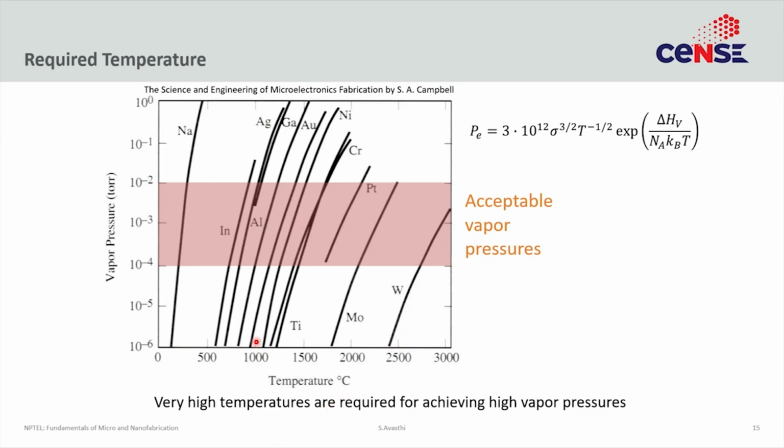At 1000 degrees C, the aluminum has a vapor pressure of -3, but tungsten has a vapor pressure that is far below -6, -9, somewhere deep below this slide. So, the amount of tungsten that is coming out at that temperature is very, very small. So, even though the tungsten is holding the aluminum, the amount of tungsten impurity that you expect on your substrate is very, very small, because not enough tungsten is evaporating at such a low temperature, which is why you use things like tungsten and molybdenum as boats.